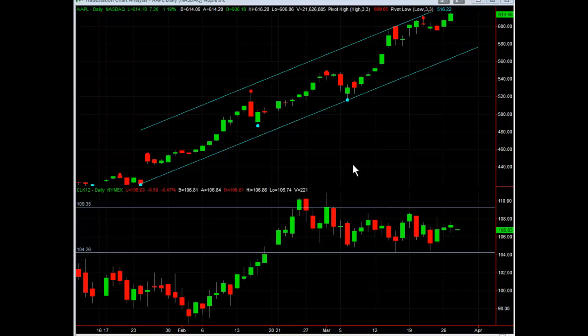It's a tremendous uptrend, whereas crude oil has been trading in a sideways pattern for the last month and a half, from 104.26 up to 109, so about a $5 trading range.